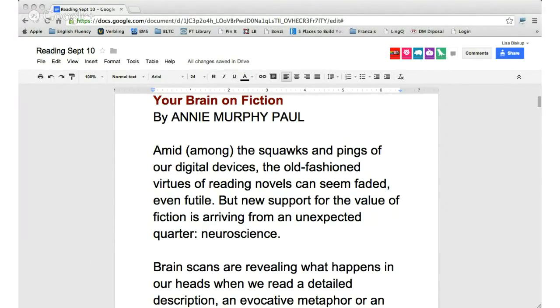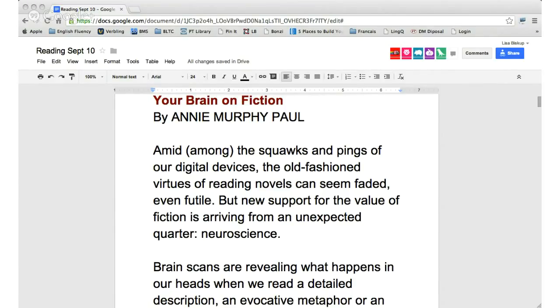Amid or among the squawks. Is that like Old English? I don't think it's Old English necessarily. It definitely is used. Amid, but no, I wouldn't say it's old.